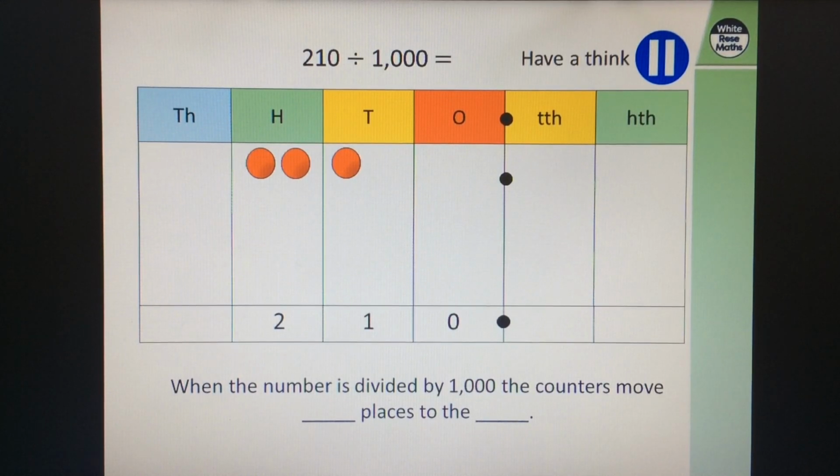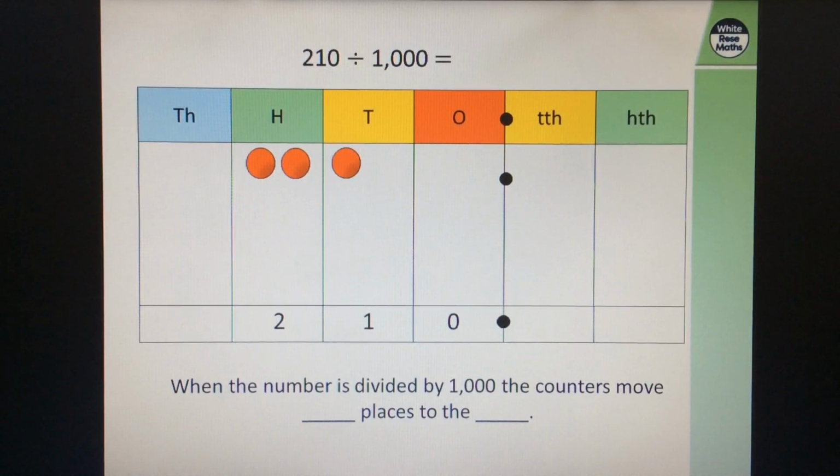Okay, let's have a look at this question. I want you to have a bit of a think about what's going to happen when we divide 210 by 1,000. Have a little think. Okay, let's have a look and see if you were right. So again, we are using our zeros to calculate how many places it's going to move. So 1,000 has 3 zeros. Our counters are going to move 3 places to the right. Okay, we don't need to show the 0 because it doesn't show a value here.